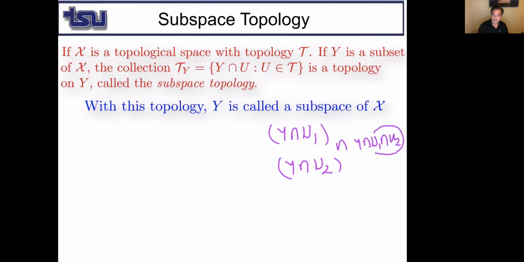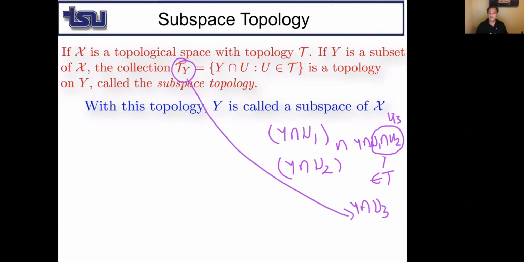And I know that this is in T, because it must satisfy the condition of being a topology. And let's say that this is U3, then Y intersection U3 is in T_Y. So if we check each one, they will all be satisfied.